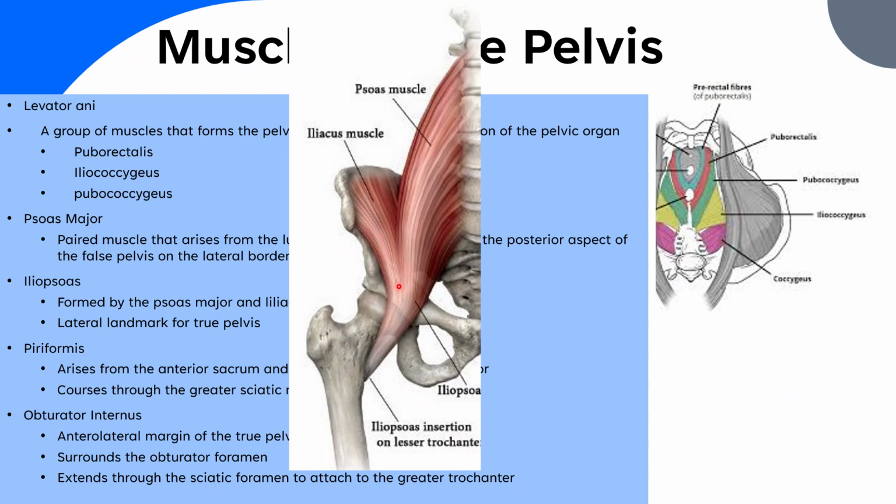And at that pelvic brim is where the two fuse together to form the iliopsoas muscle. This iliopsoas muscle is the lateral landmark for the true pelvis. When they come together right at that pelvic brim, we now know that we are in the true pelvis. So that is our iliopsoas muscle.